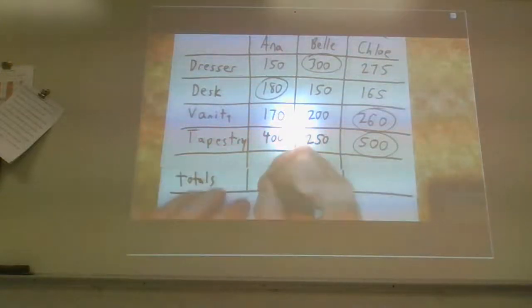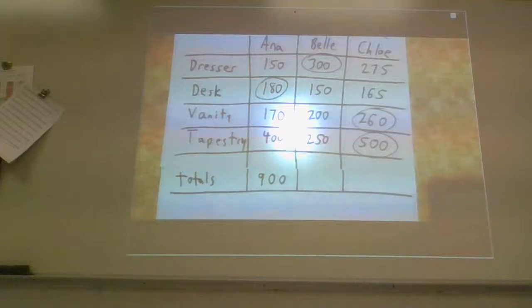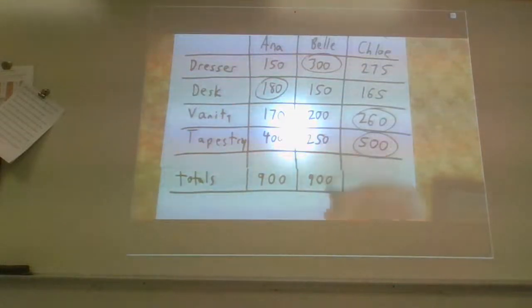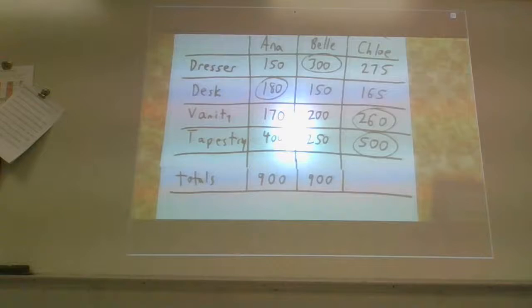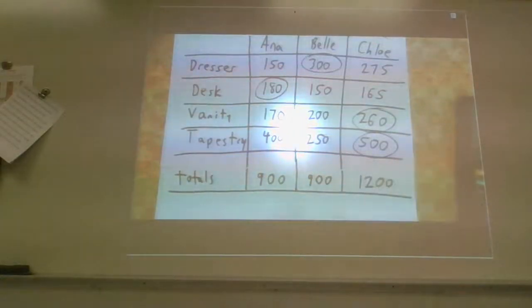Anna believes that everything is worth about $900. Oh, look at that. Belle believes that everything is worth about $900. That's a coincidence. There we go. And Chloe believes everything is worth $1,200.